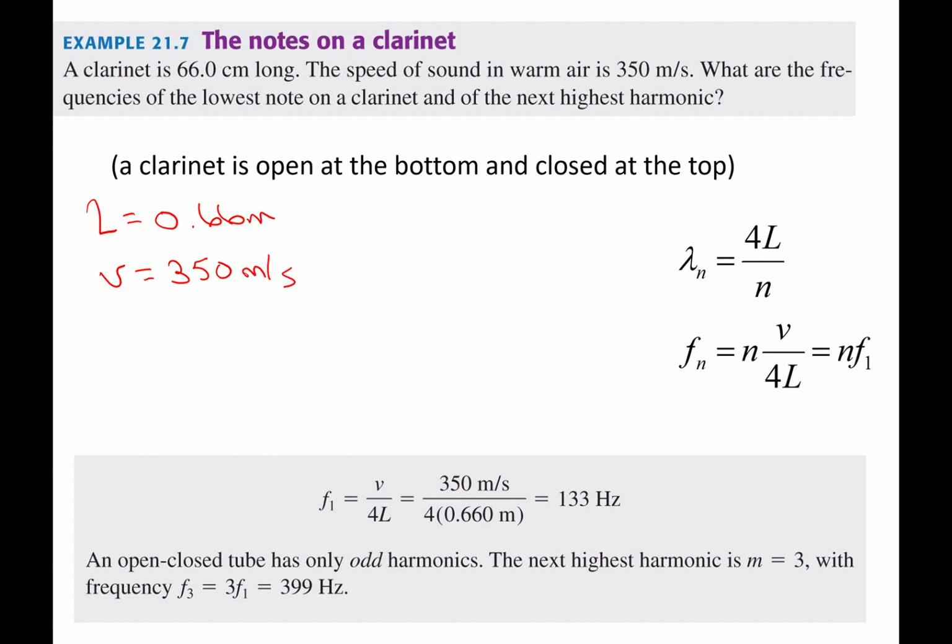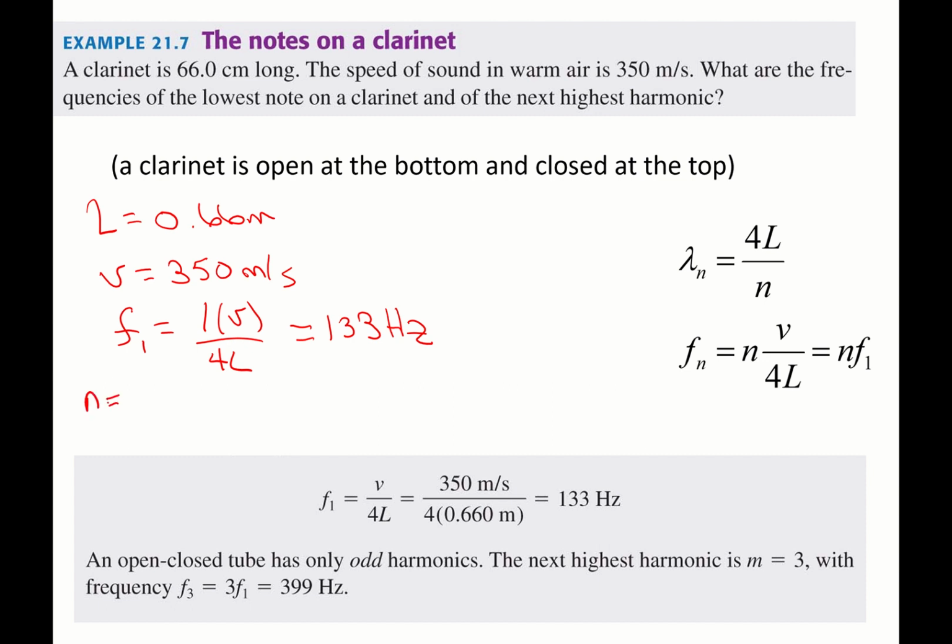So what frequencies do I have? Frequency 1 is going to be 1 times v over 4L. Plugging that in, I get 133 hertz. You can see the details of the calculation there at the bottom. What's the next highest harmonic? Well, I can't have n equals 2. That's not allowed. I can only have odd ones.